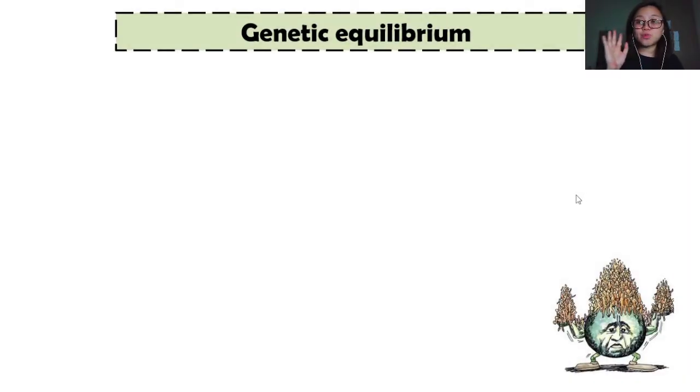Right, there is one more term that you need to learn for 5.1, which is genetic equilibrium. This is a very important keyword.